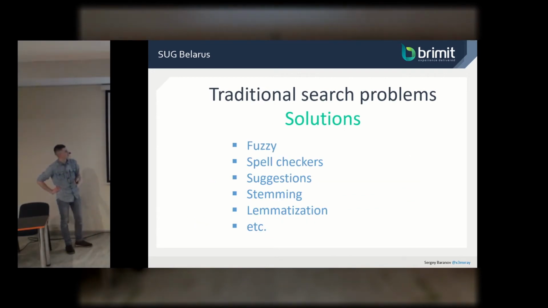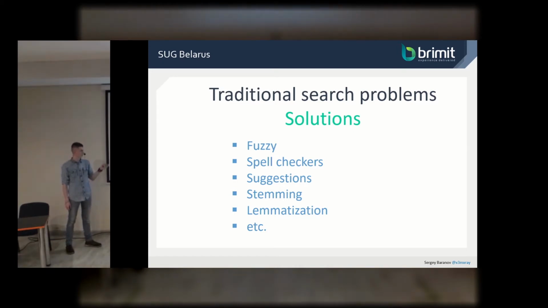In traditional search there are some solutions that you can use to make your search engine logic smarter. Fuzzy search is the simplest one, or if you are on Sitecore 9 and higher, there are spell checkers and suggestions for Solr.